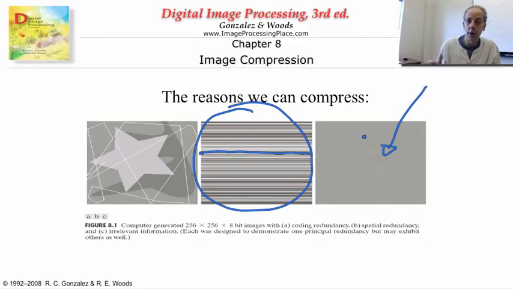Or maybe I don't care at all. So I might not care about its exact value. I might not care too much about the information at all. So there is a lot of unnecessary information which is irrelevant. So these are the three reasons that we can compress. And we're going to exploit all these reasons, and then we're going to get very large amounts of compression.